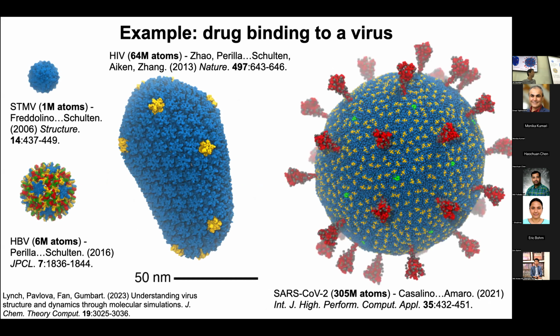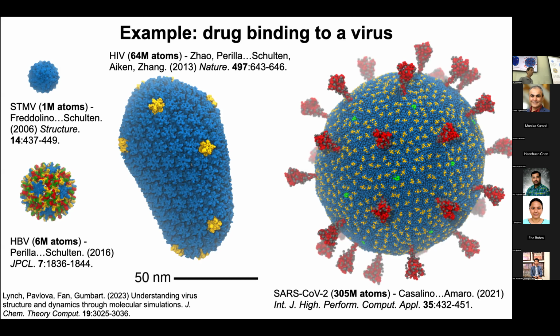And even ones as big as the whole SARS-CoV-2 variant, so not just the proteins, but the membrane envelope surrounding it, and that's hundreds of millions of atoms. That was also done with NAMD a few years ago.